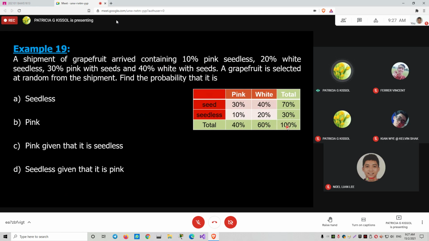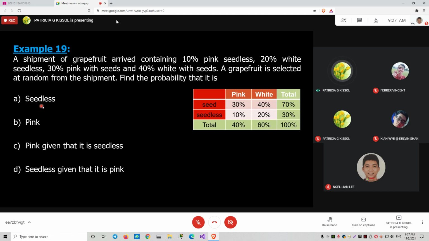So the 100% is our grand total. Apparently you can conclude here that there are 40% pink and 60% white, and 70% with seeds and 30% without seeds.